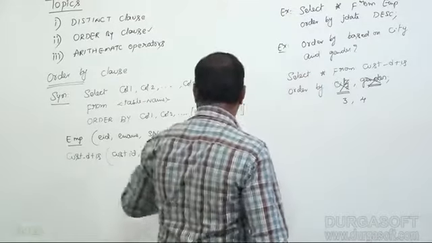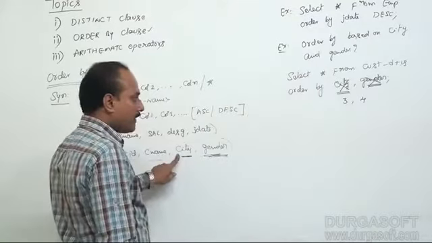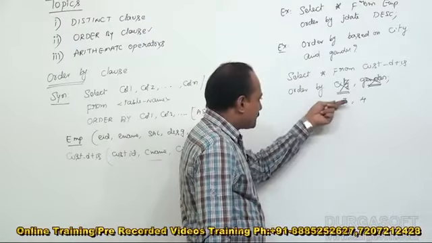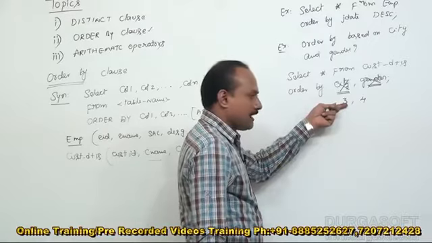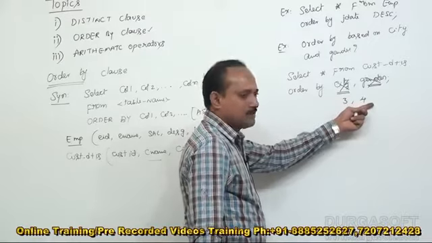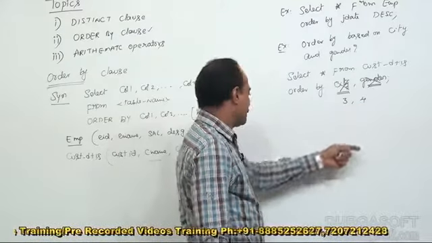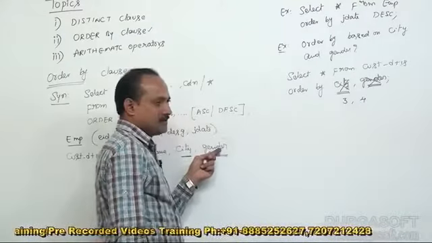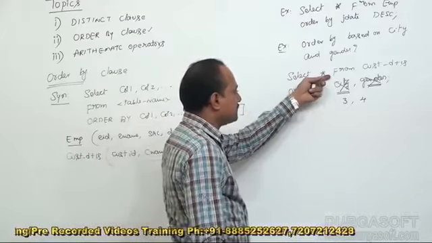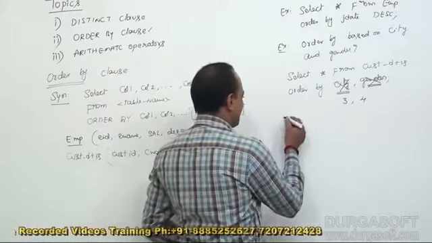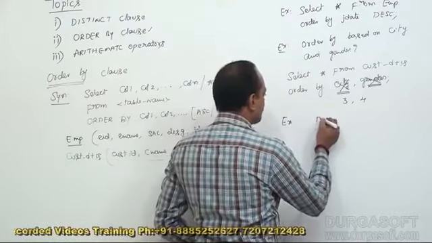What is the third column? City. Then if there are multiple records having the same value in the third column, go for the fourth column. What is the fourth column? Gender. In the select list also, your fourth column is gender. Remember.